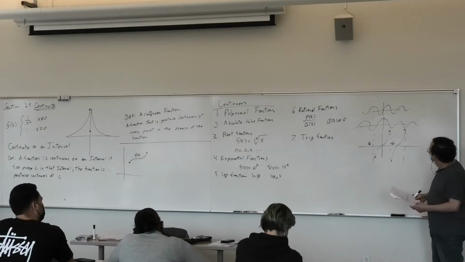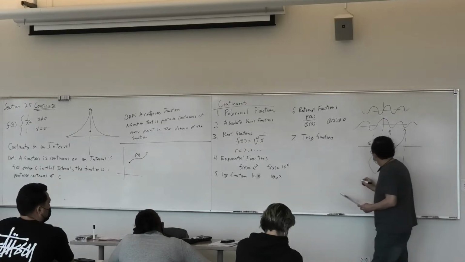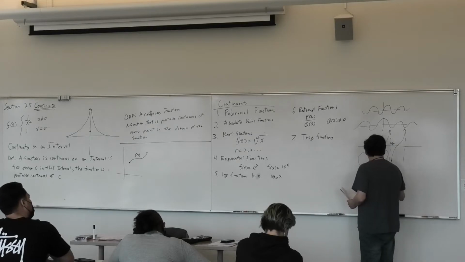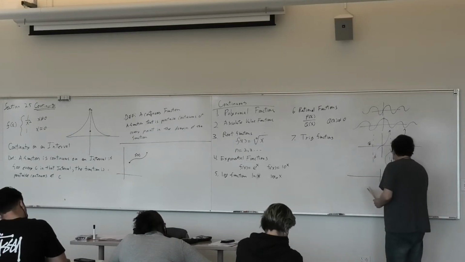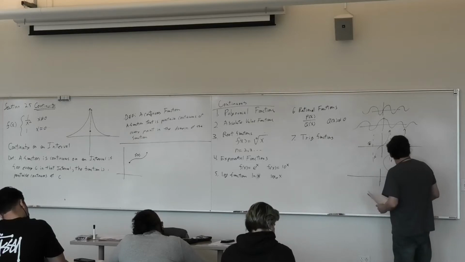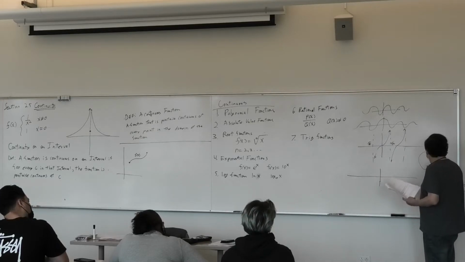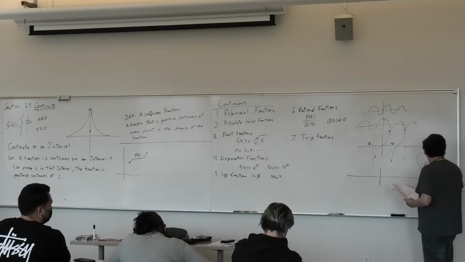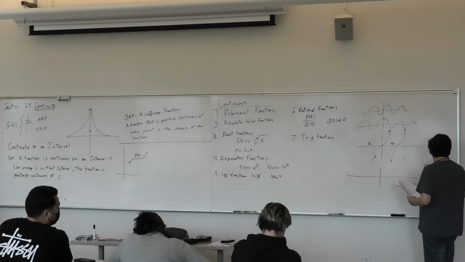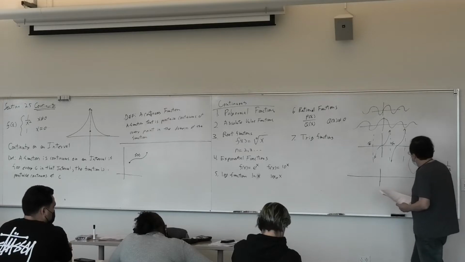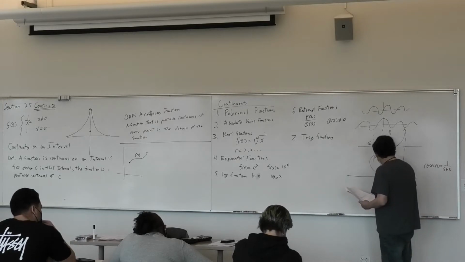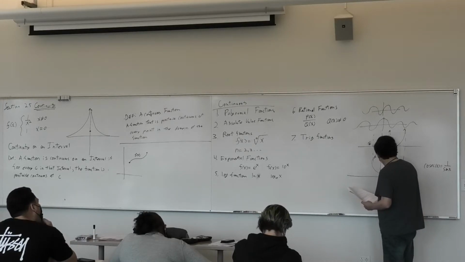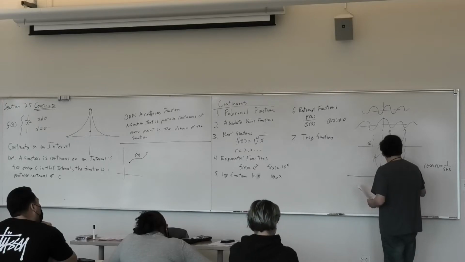I guess I haven't really stepped on these yet, so I might as well. I want to graph the cosecant function. That's 1 over the sine of x. So a good way to graph this function is to first graph the sine function.